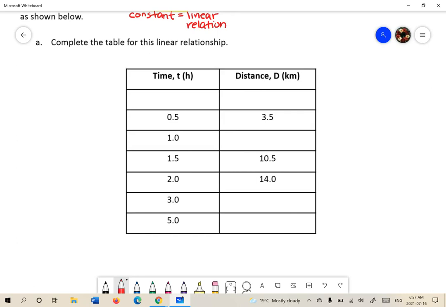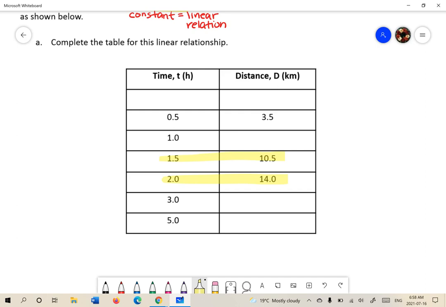Let's try to find the relationship between T and D. I'm going to determine the relationship between D and T from these two rows because when T is equal to a value, it has the completed D value here for me. The other rows are not completed, so it would be difficult to determine the relationship in the other row.